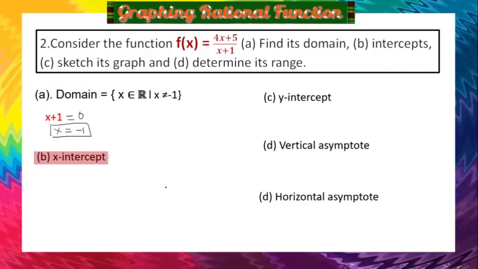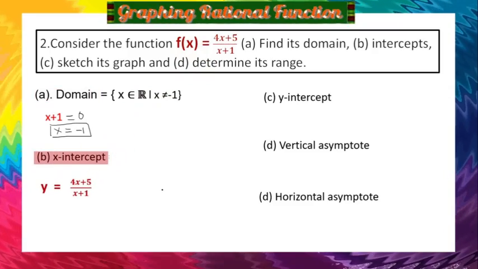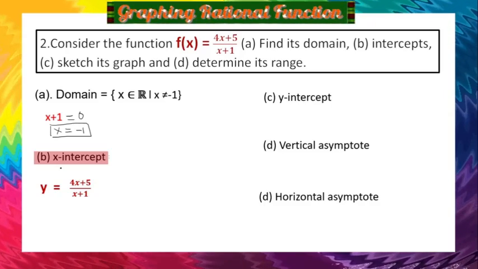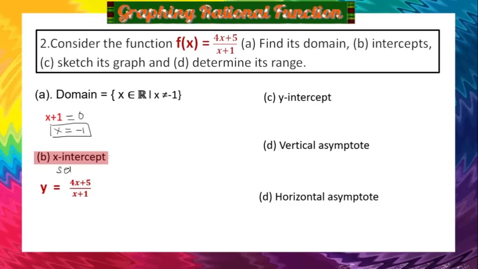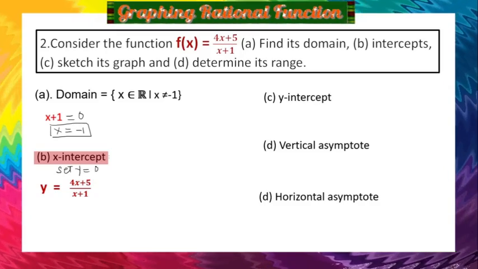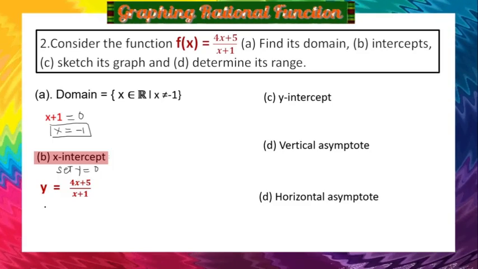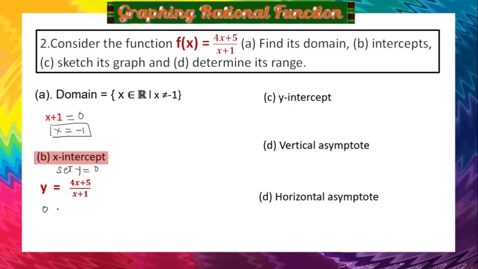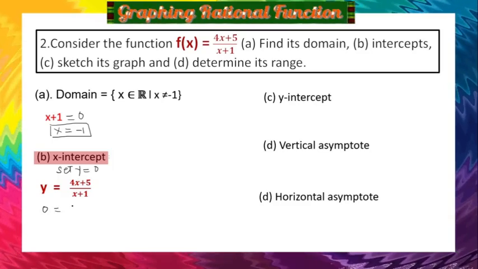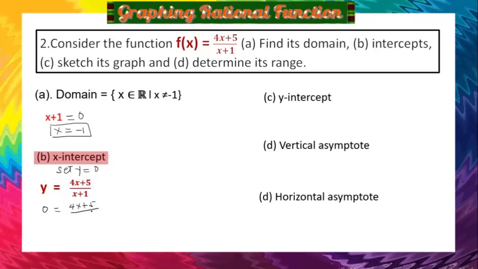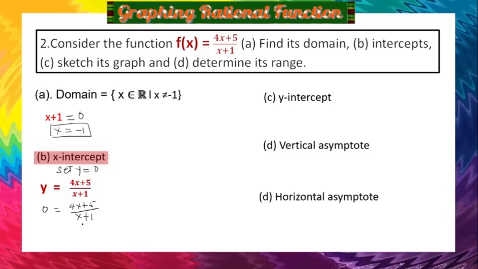For the x-intercept, we will use the function. We will set y to 0 since we are going to find the value of x. So by substitution, we have 0 equals 4x plus 5 over x plus 1.